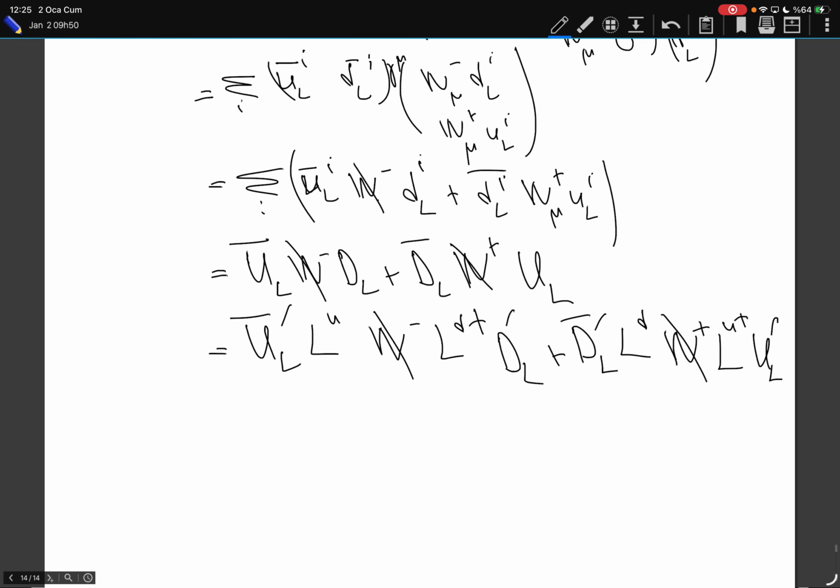But you see, now I have LU times LD dagger, which is not necessarily the identity matrix. So these interactions are no longer diagonal.